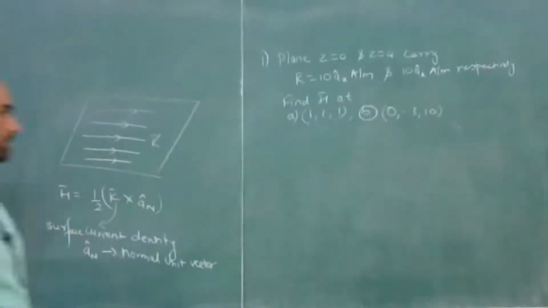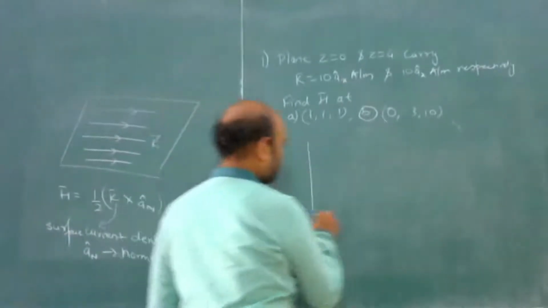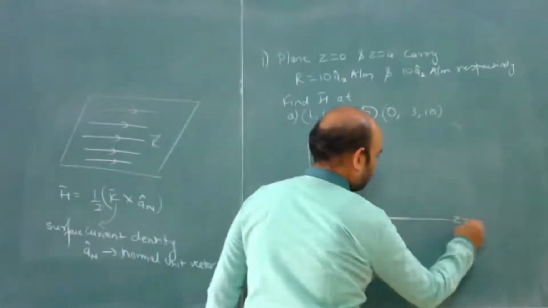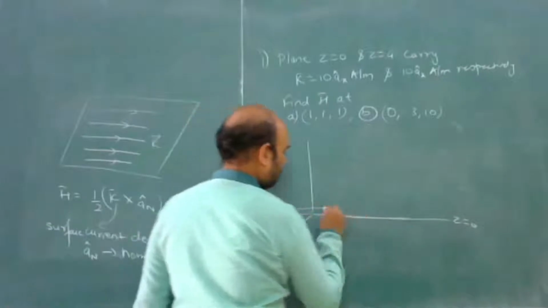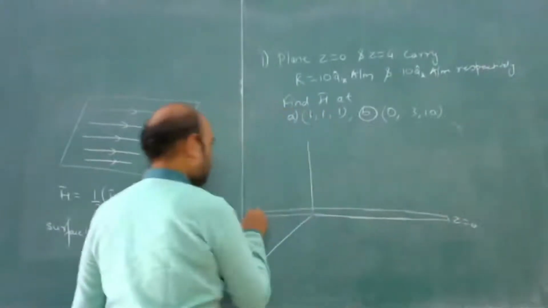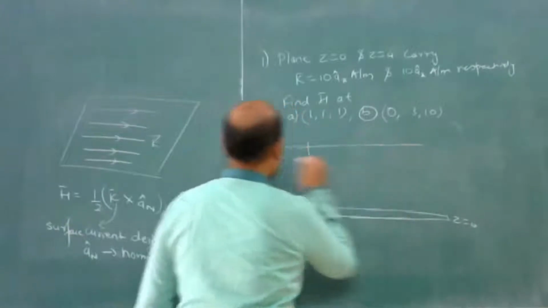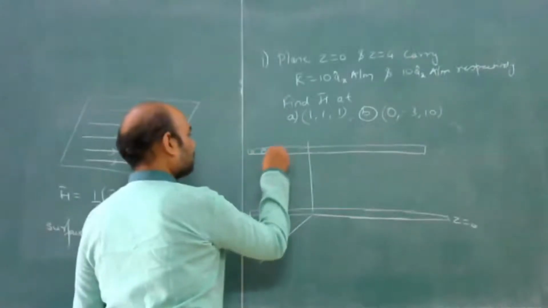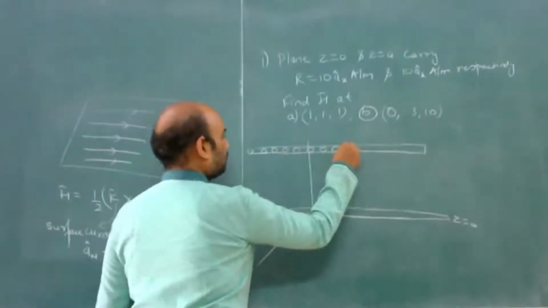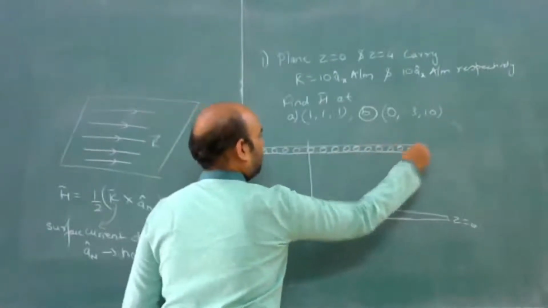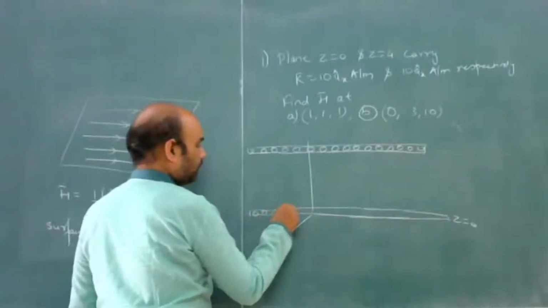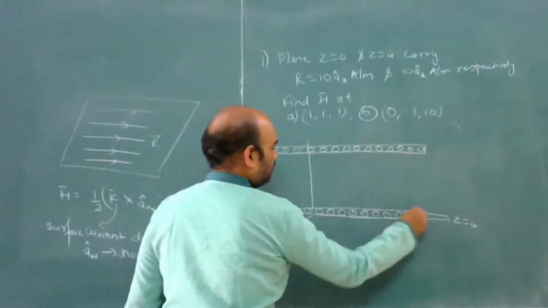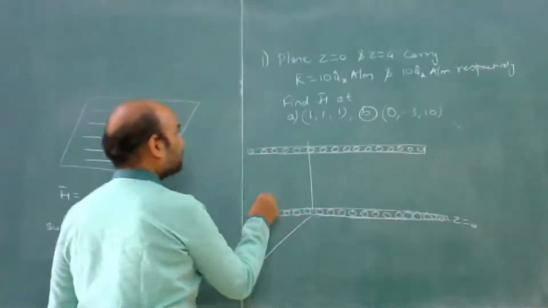So the plane z is equal to 0, let's suppose, and this is the plane z is equal to 4.